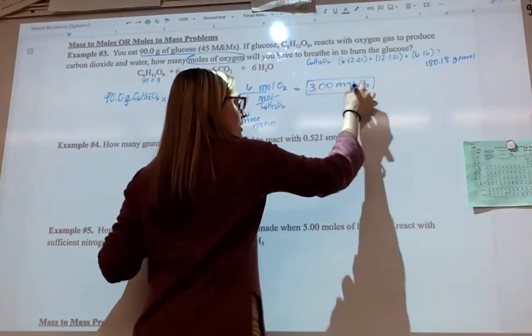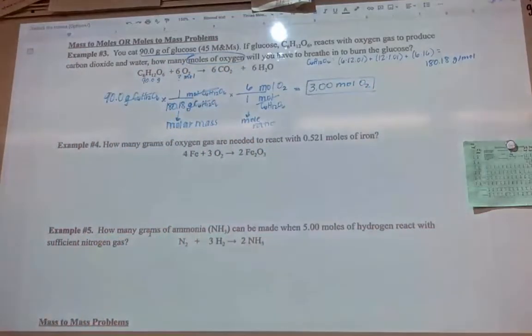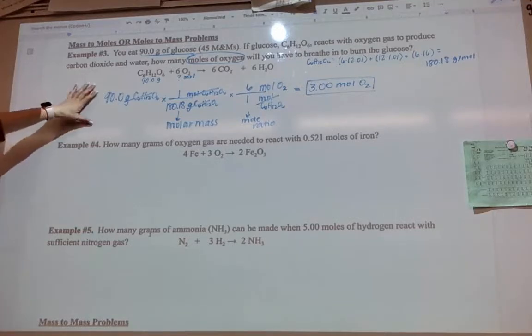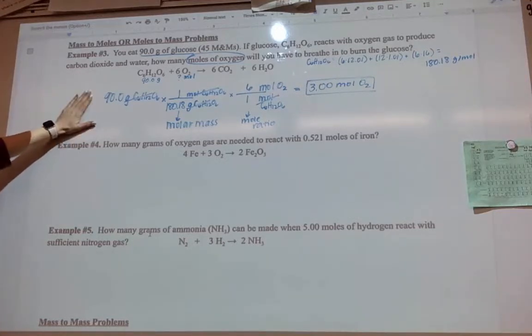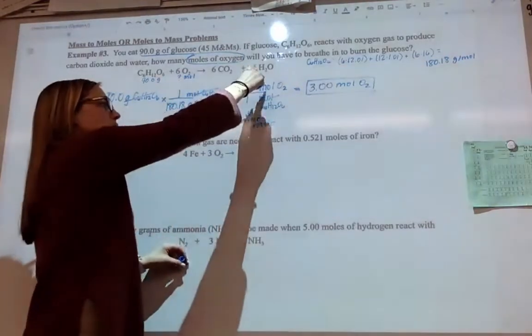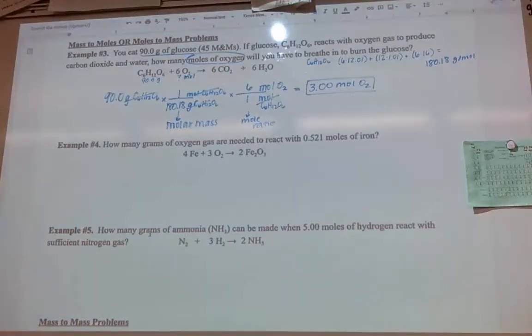And if you want to make sure that that's going in your calculator correctly, 90 times 6, hit enter, just hit divided by 180.18. Just be careful with rounding. So this one, our given was not in moles. We had to convert. In order to go between substances, you always have to go to moles in between.